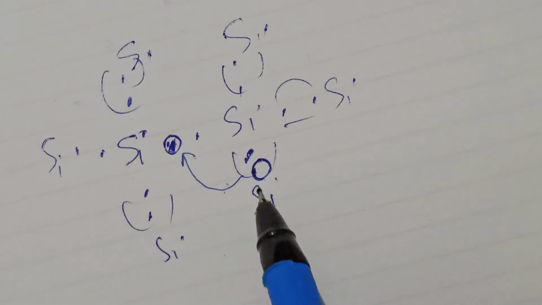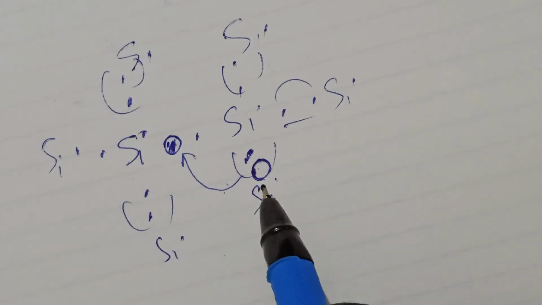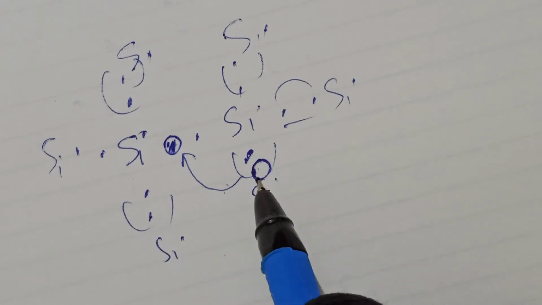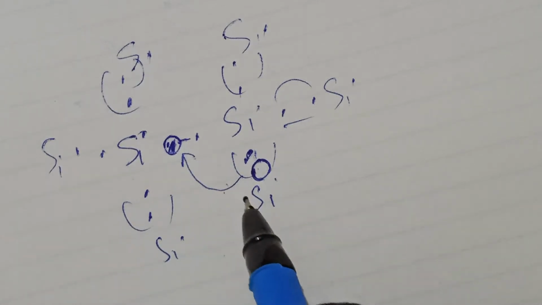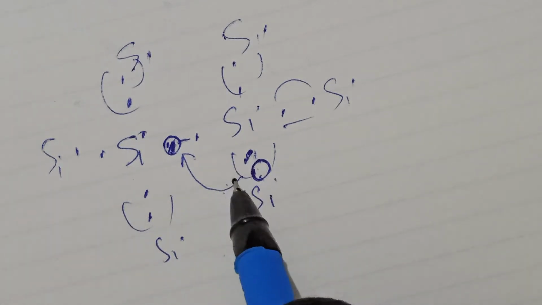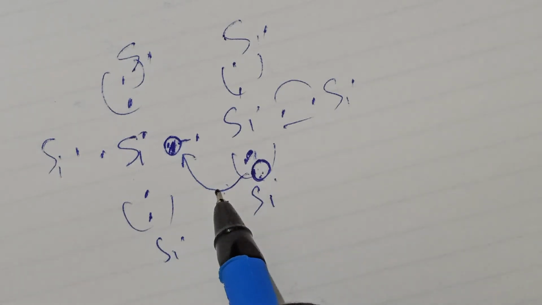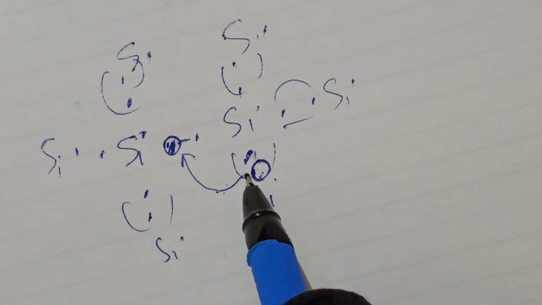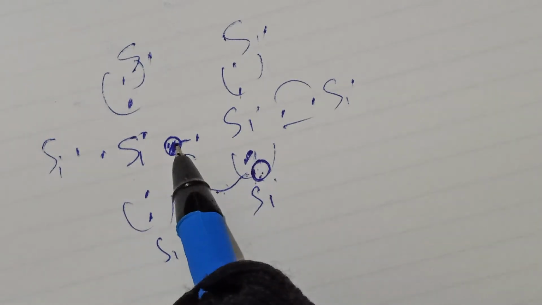In this process, the electron at this position is breaking its bond from this position and making its bond at this position. So in the movement of a hole from this place to this place, a bonded electron is changing its position, breaking its bond and then making its bond.